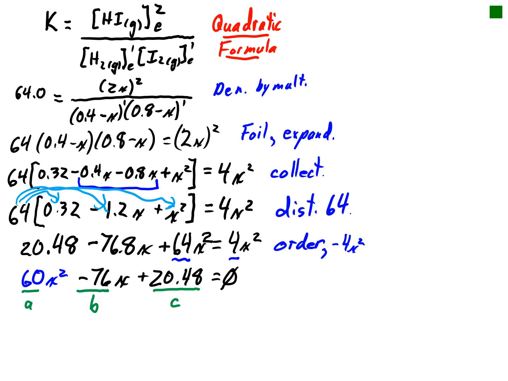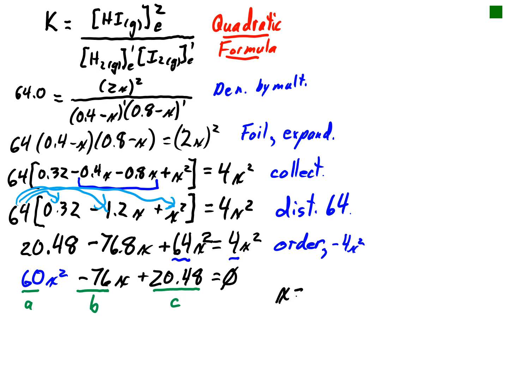Now, I asked the question earlier if some of you have a tool like a calculator that will solve a quadratic formula, and if you happen to have it, great, go ahead and put your values in. If not, you're going to have to remember that the quadratic formula is written something like this.